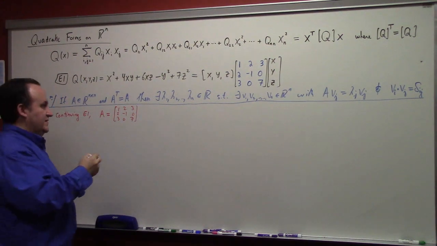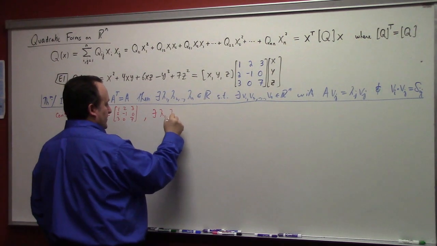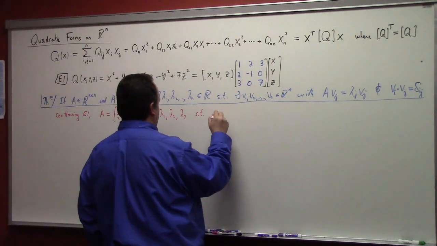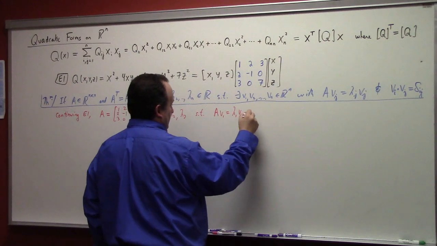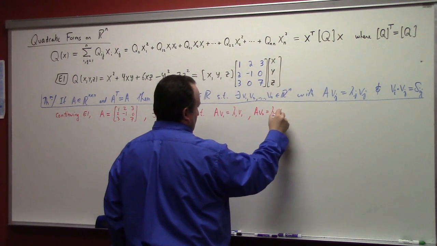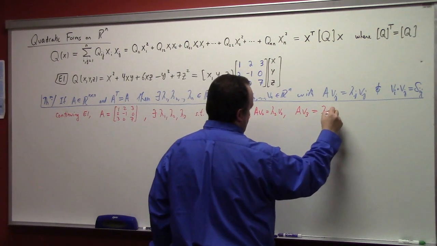Well, there exist lambda 1, lambda 2, lambda 3 such that A v1 is lambda 1 v1, A v2 is lambda 2 v2, A v3 is lambda 3 v3, right?